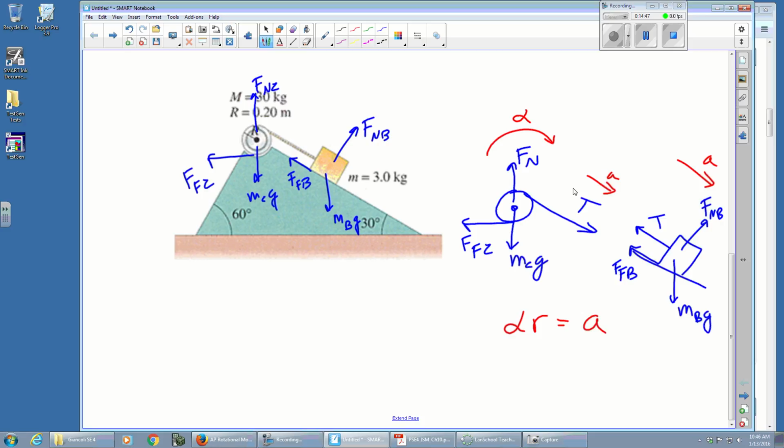So I'm going to end up wanting to get rid of those tensions and just working with the acceleration. So that's how I'm going to kind of bring them together. You can think about it in a system sense, that the tensions are equal to each other, so they disappear, or individually here. So I'm going to first do the rotational motion up top.